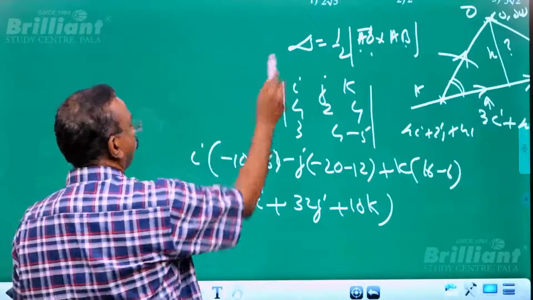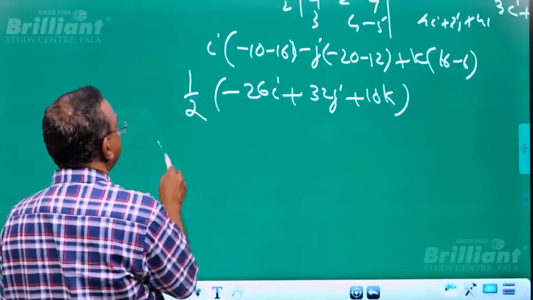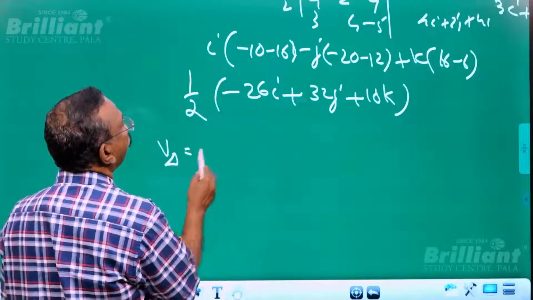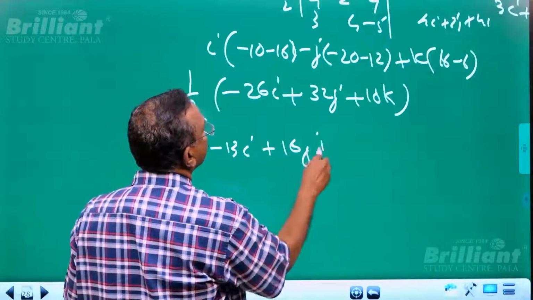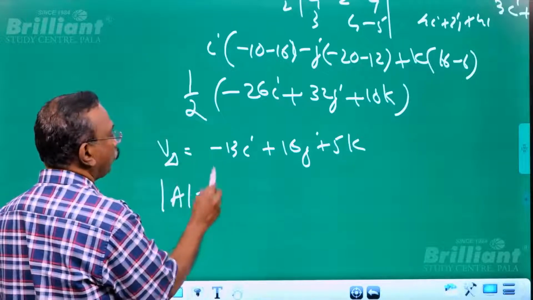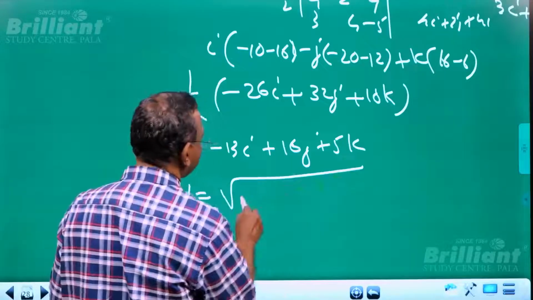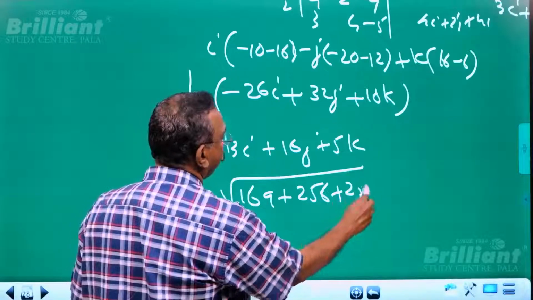When you take the 2 outside, the vector area of the triangle is equal to minus 13i plus 16j plus 5k. Therefore, area is equal to square root of 169 plus 256 plus 25.